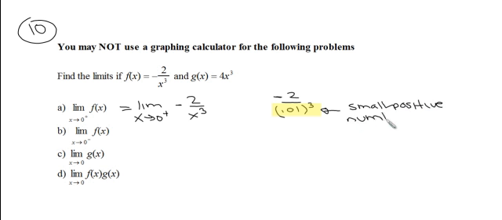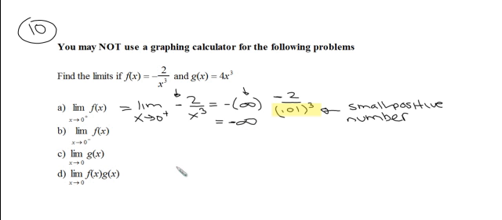So a number divided by a really small positive number will tend to go to infinity. So I have negative infinity, because a negative number times a really huge number is going to give me a negative really big number. So the answer is negative infinity.